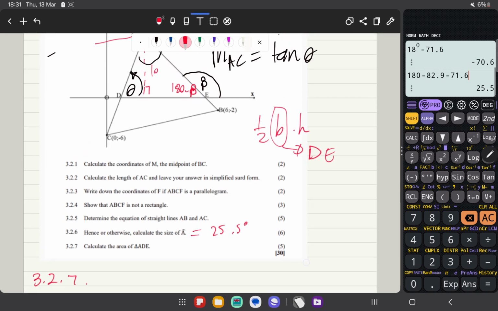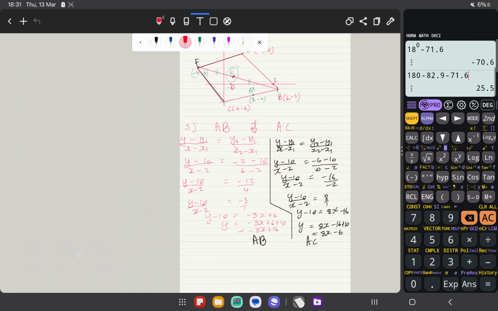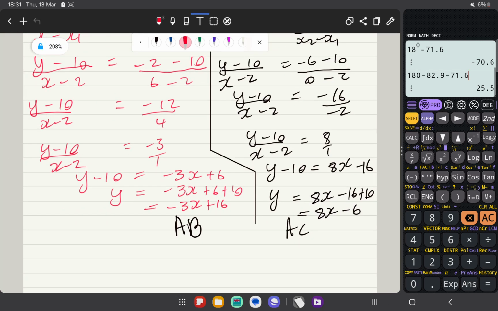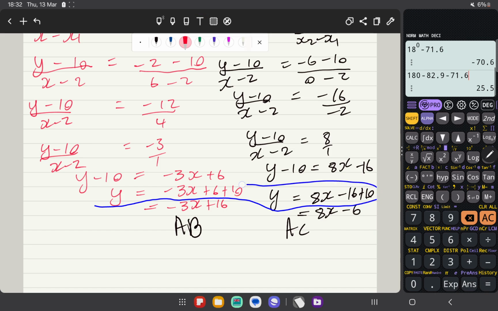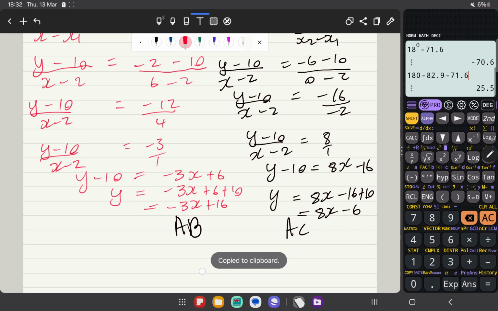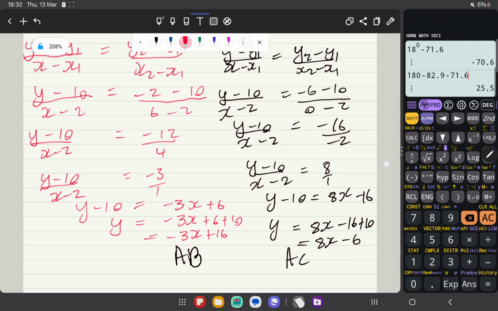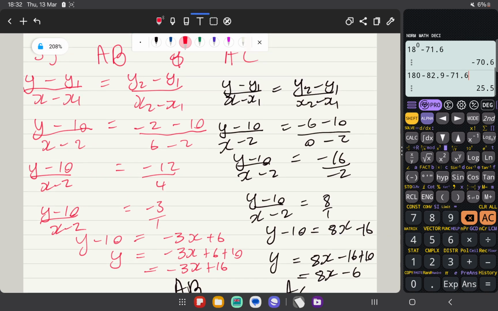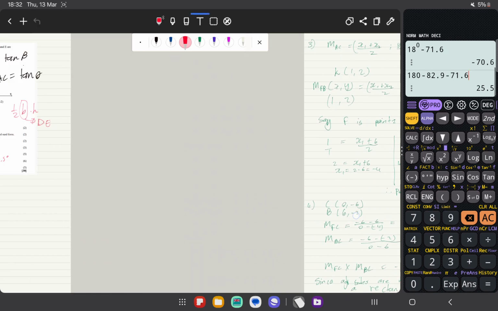I also need the equations of AC and AE, so I'm going to copy them.